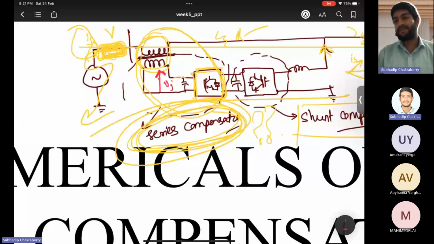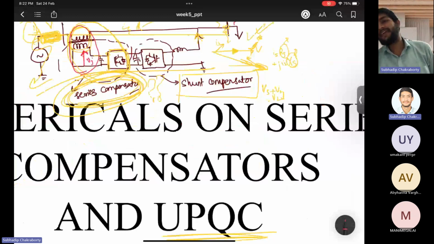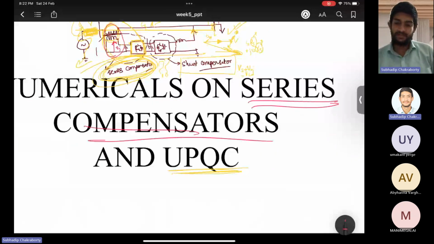So variations are there, but the topology remains the same; only in the control do you inject such voltages. Generic is UPQC-S, and you inject such voltages such that your load voltage is of a particular rated value. With the help of the DSTATCOM, you have already solved the problem, so it is the same. The main thing is we will target the series compensators and also solve the problem of sag and swell and all those things.